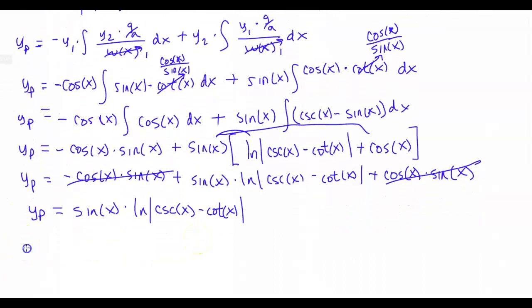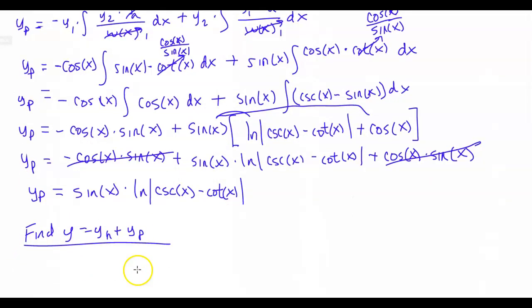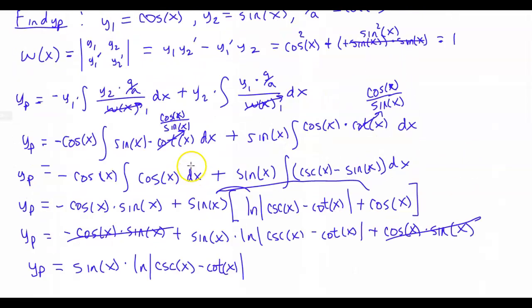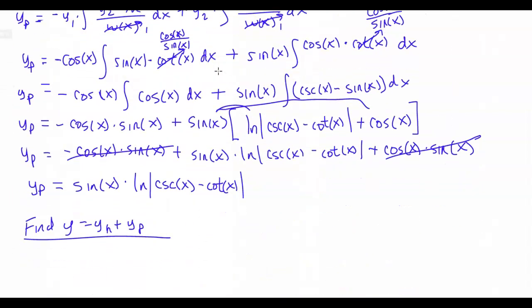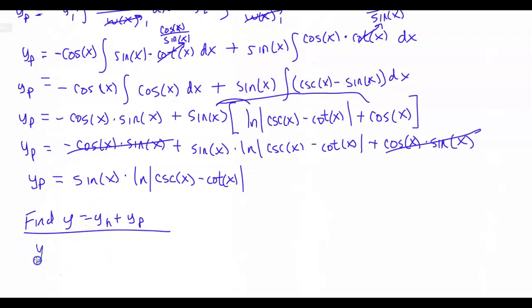So now, finally, what we do is we find y, which is equal to homogeneous solution plus particular solution. Okay. So if we remember here, our homogeneous solution was just C1 cosine of x plus C2 sine of x. So we're just going to take that and add this together here. So we have C1 cosine of x plus C2 sine of x.